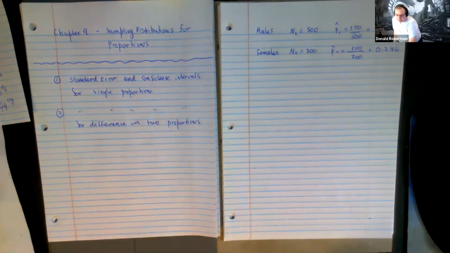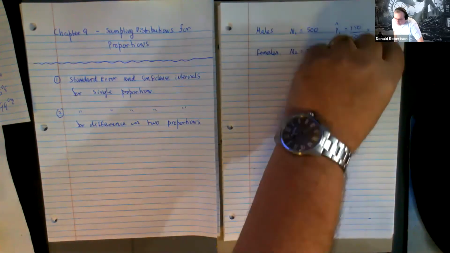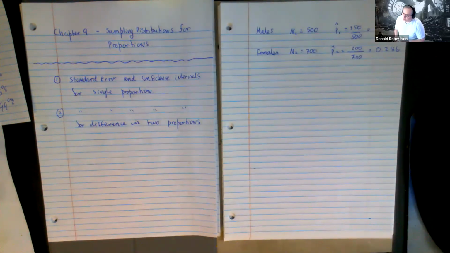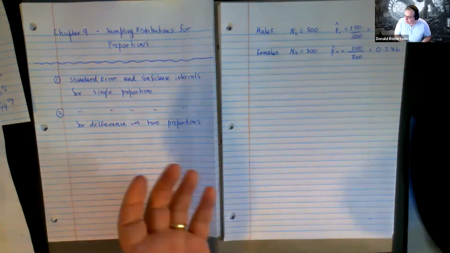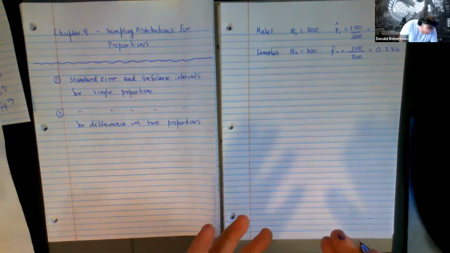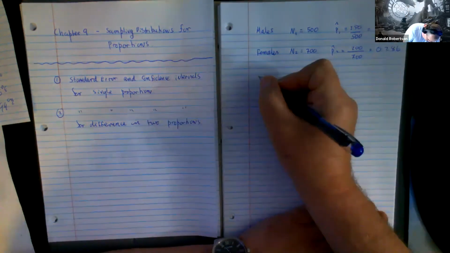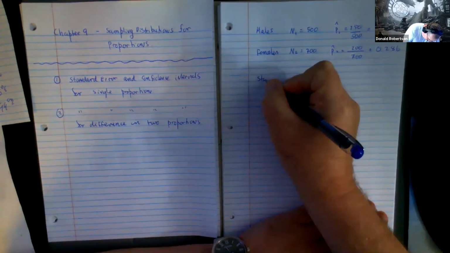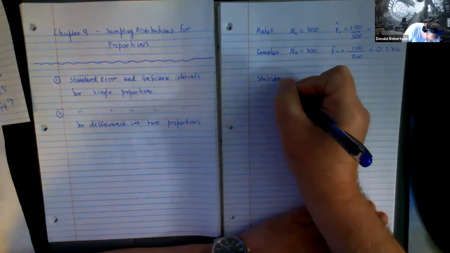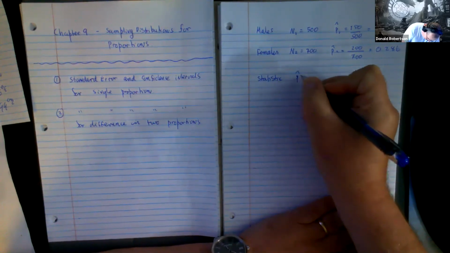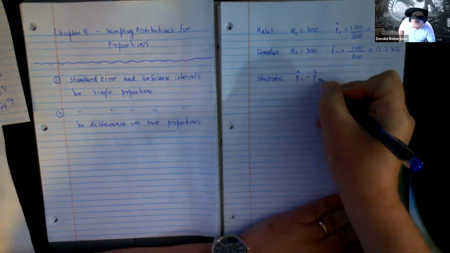So what we're looking for is the difference between these, and we want to find a confidence interval for it. Once we've got that confidence interval, we can answer the question: is there evidence to prove that there is a difference between the two? So we're going to come up with a statistic, P1 take away P2.